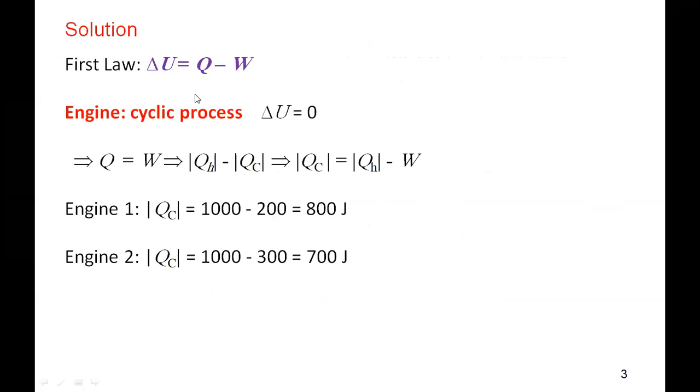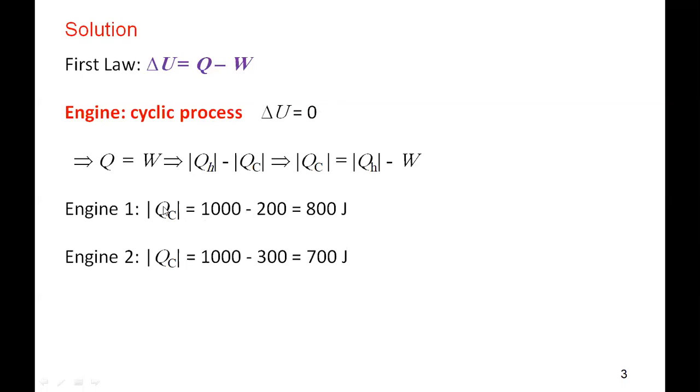That means delta U equals Q minus the work. And you know why it is minus the work. For an engine, a cyclic process, delta U equals 0. So in this case, Q equals the work. The work equals QH minus QC. This leads to QC equals QH minus the work.